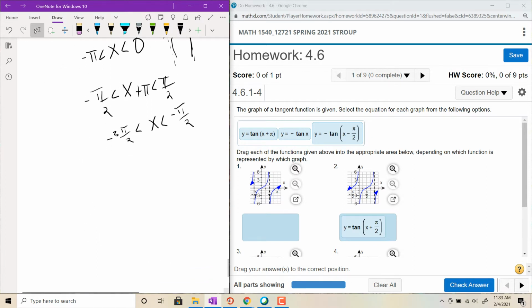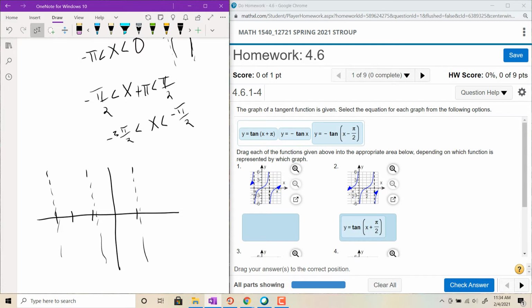And so what does that look like? There's negative pi over 2, 2 pi over 2, negative 3 pi over 2. Going by pi over 2's, it's going to look exactly like what it normally looks like. So I would say that is this guy here.